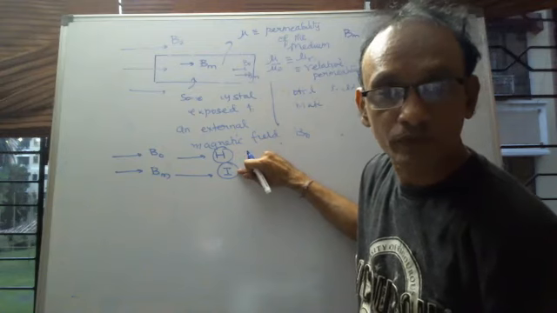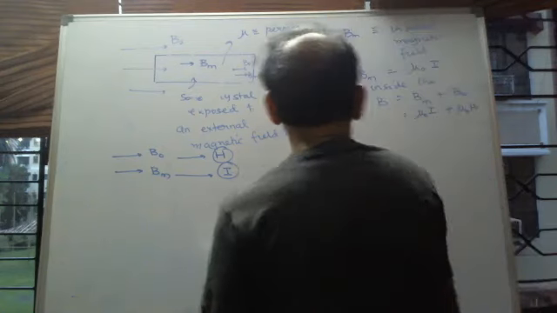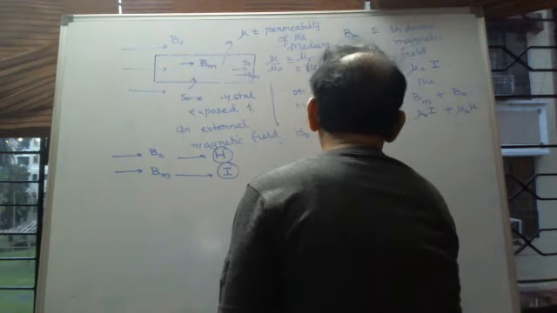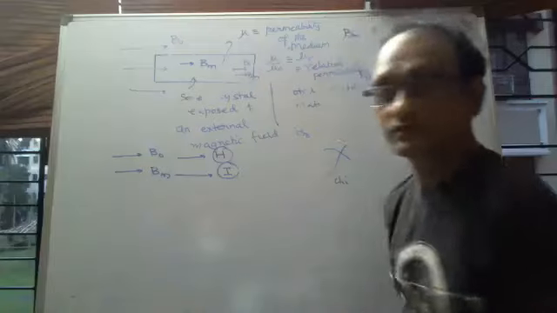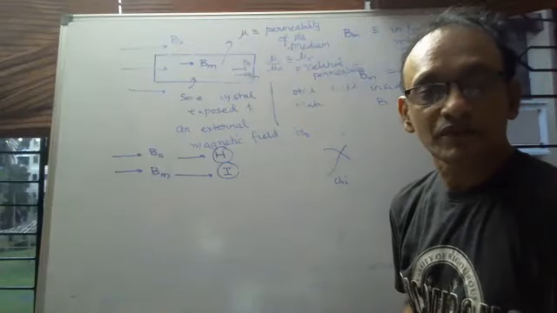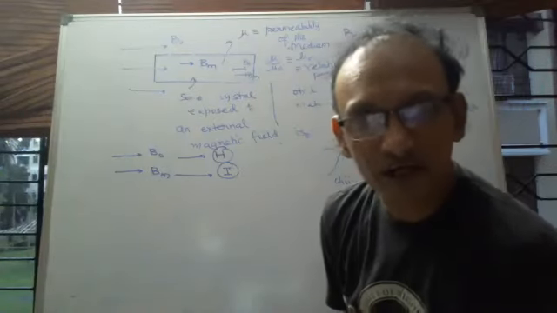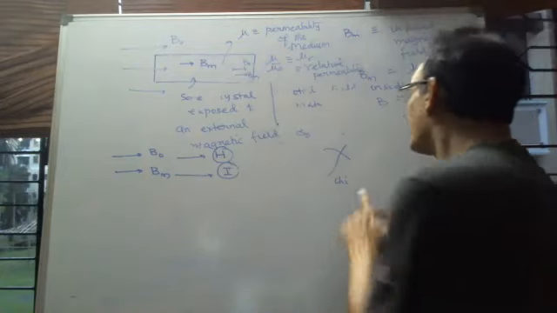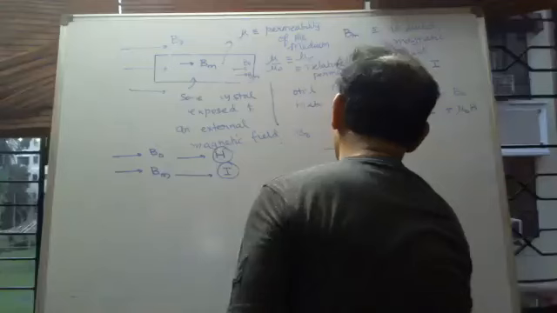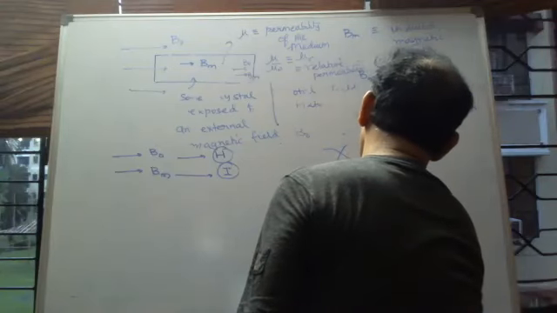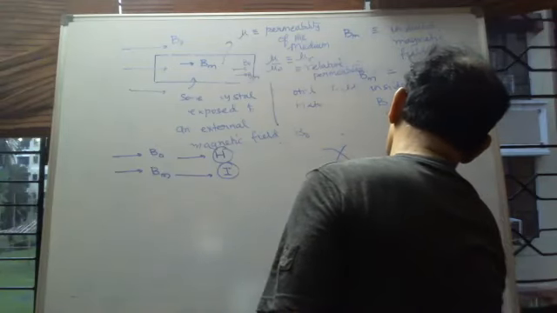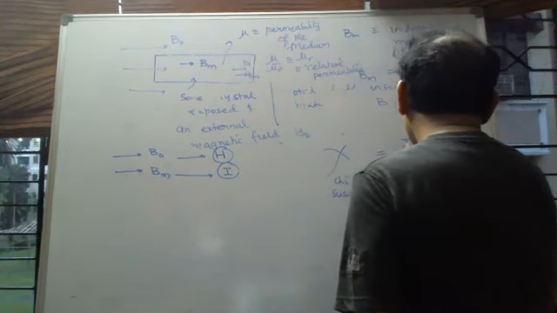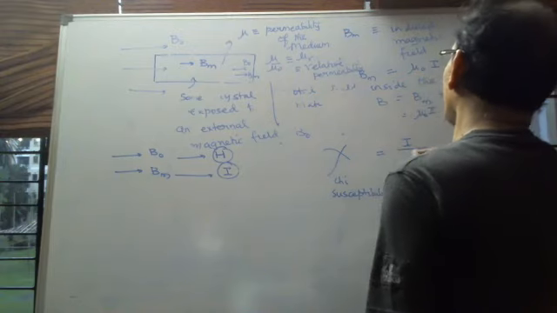We define a quantity called chi. We call it chi, don't feel shy. It is called the susceptibility of the material: the intensity of magnetization divided by the intensity of the magnetizing field.